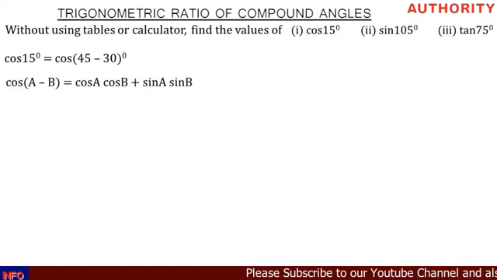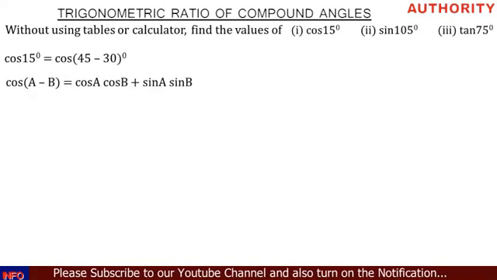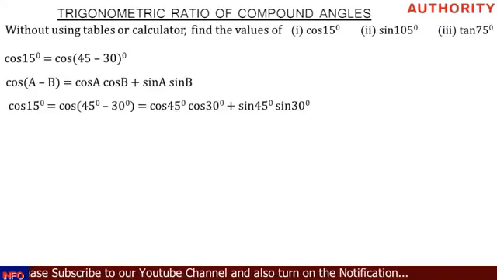That means we're going to have cos A cos B plus sin A sin B, where our A is 45 degrees and our B is 30 degrees. That means cos 15 degrees is equal to cos of 45 degrees minus 30 degrees, which is equal to cos 45 degrees cos 30 degrees plus sin 45 degrees sin 30 degrees.